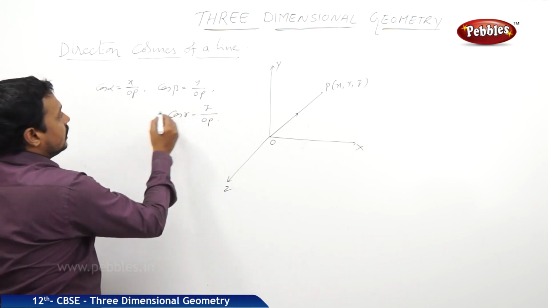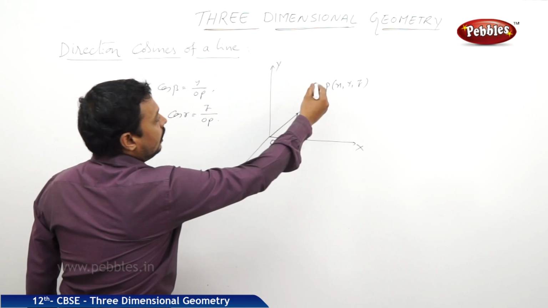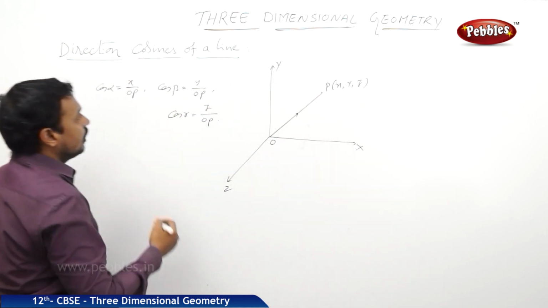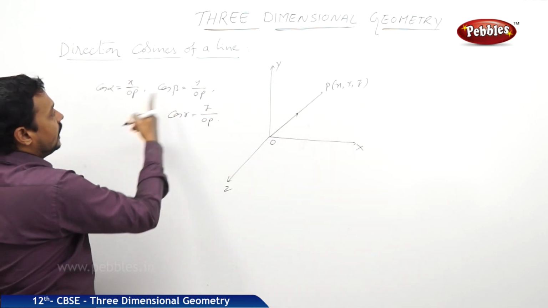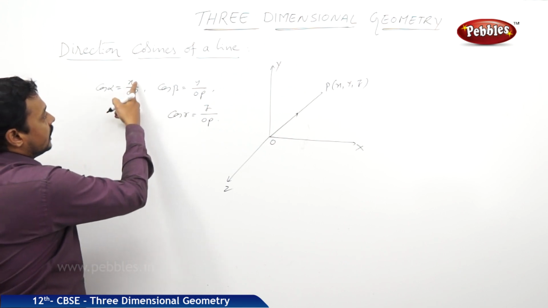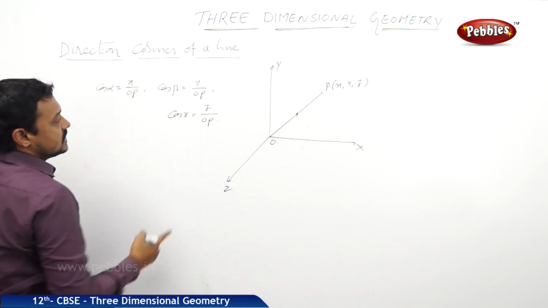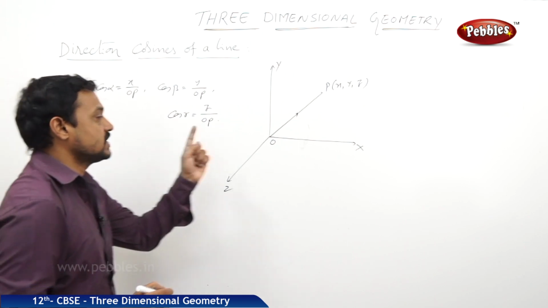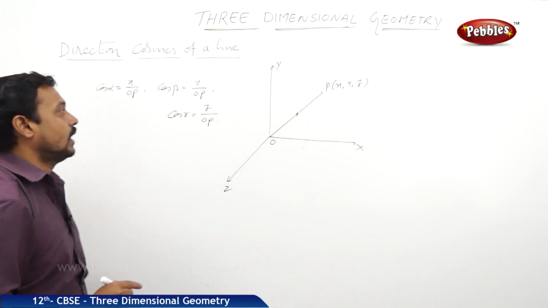Therefore, the direction cosines of the given line are L, M, N. They are x by OP, y by OP, z by OP, such that L square plus M square plus N square is equal to 1.